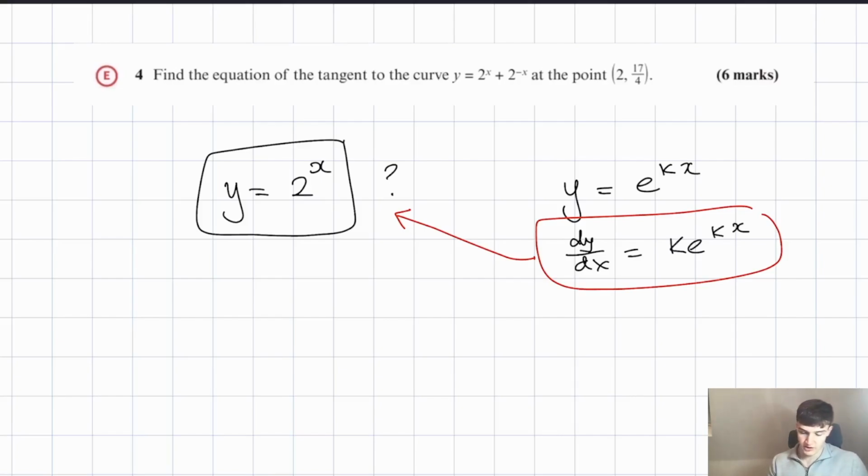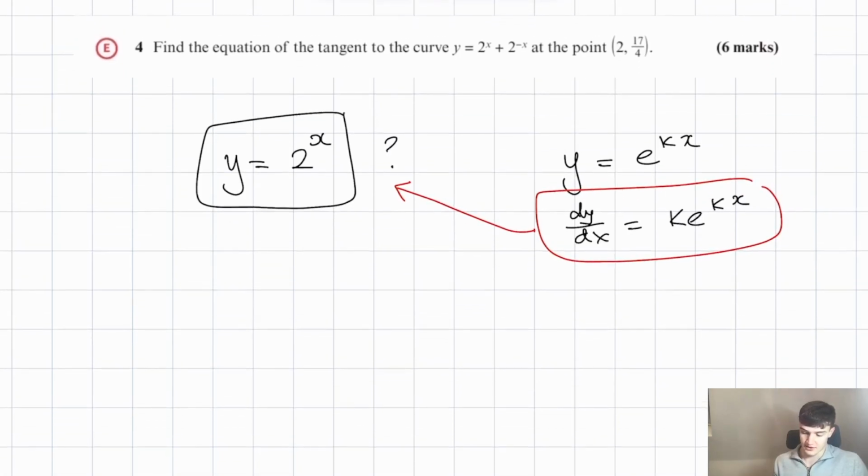The key is that you can write any exponential that doesn't have e as a base in terms of e. So let's just do that quickly. 2 to the power of x is the same as e to the power of the natural log of 2 to the power of x. e and the natural log are the inverse of each other, so this is exactly the same thing.